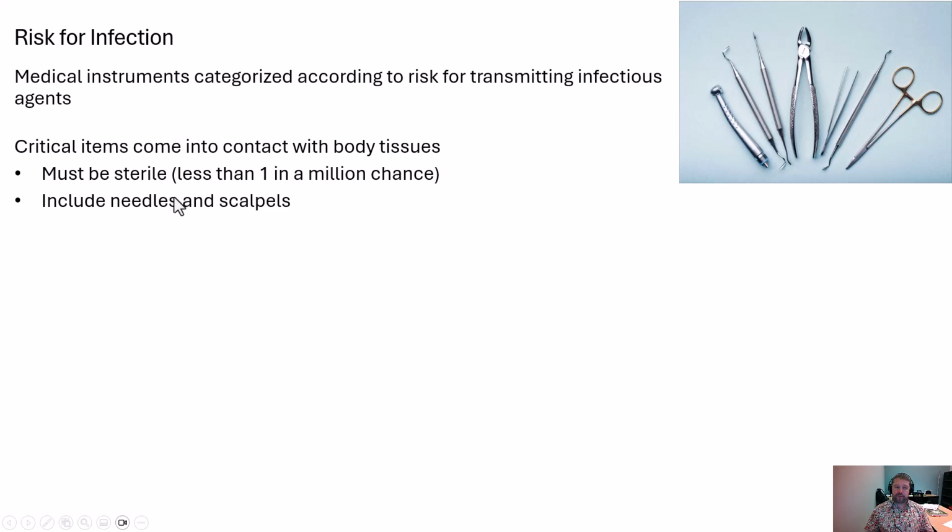That would be labeled as sterile. So basically meaning there's nothing on it, no biological or pathogenic material on that instrument. Okay? So lots of instruments fall in this category, most of which we can sterilize by using something like an autoclave.